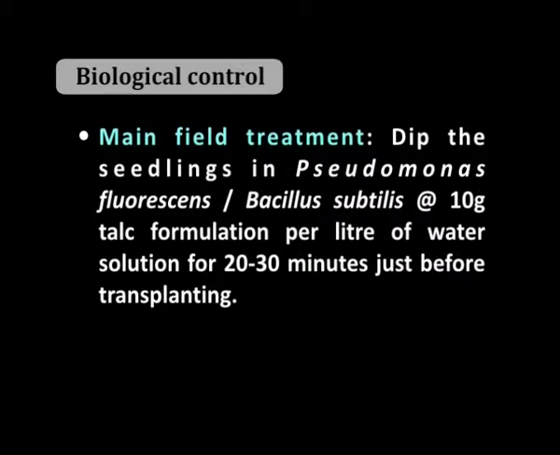Main field treatment: dip the seedling in Pseudomonas fluorescens or Bacillus subtilis at the rate of 10 gram talc formulation per liter of water solution for 20 to 30 minutes just before transplanting.